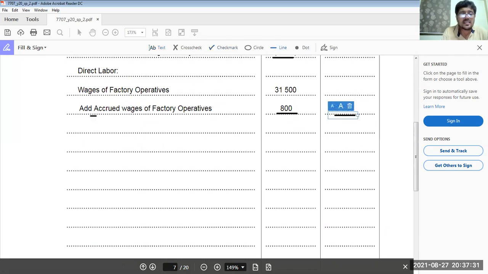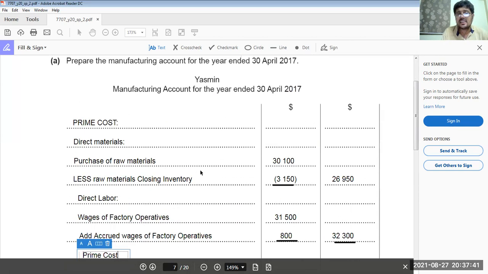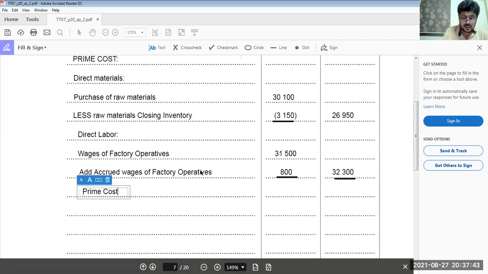Prime cost is 26,950 plus 32,300, which is 59,250.